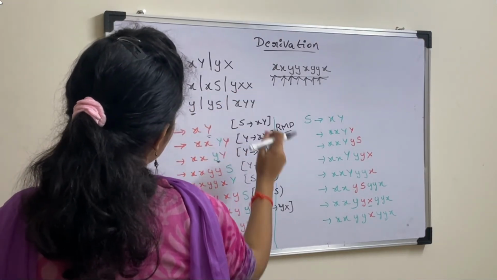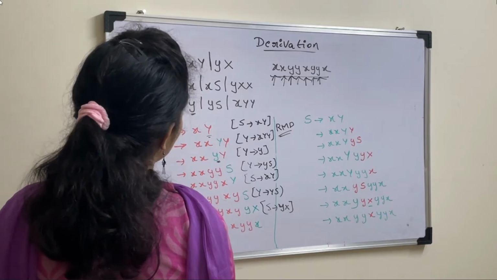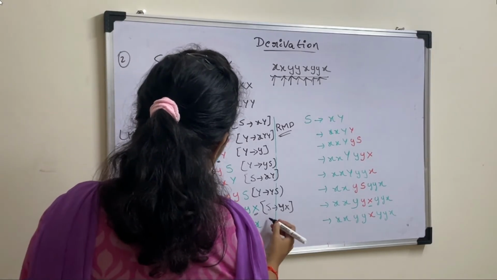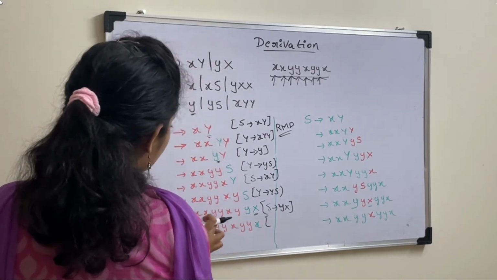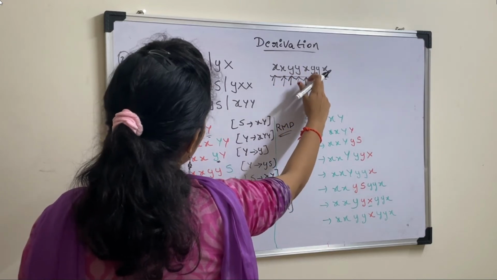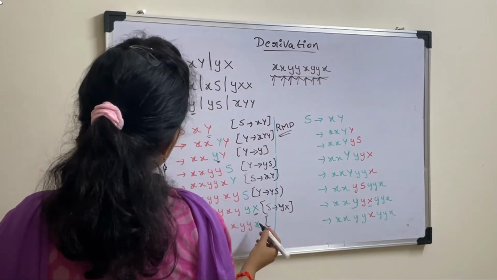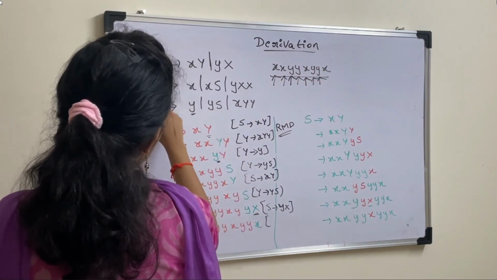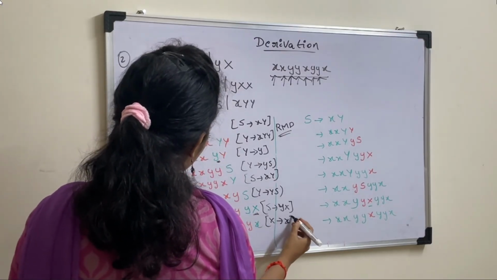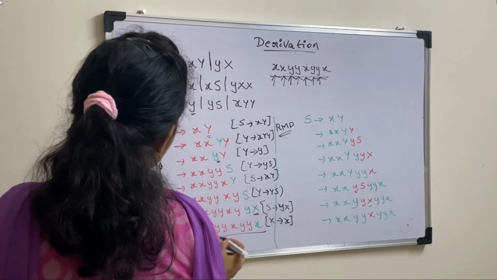So we just considered yx here, and after this x can be... so till now we got xx, yy, xy, y. Now the last symbol is x. So you can replace this capital X with small x. So this is your final string.